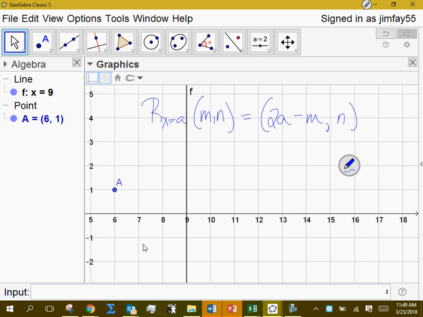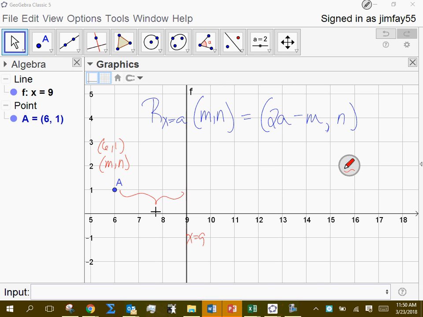This point right here, guys, this is m, and that's n, and we know it's 6, comma 1. If I reflect across x equals 9, just using what we know about the picture, that distance would be how far? 3, right? So that needs to be reflected over here as 3, and this point would go to 12, comma 1.